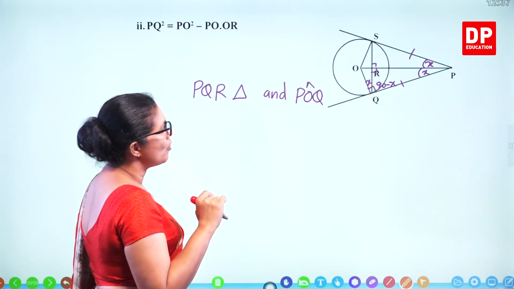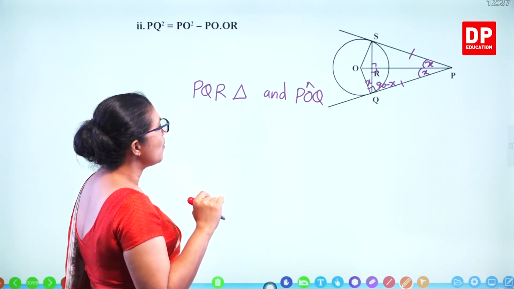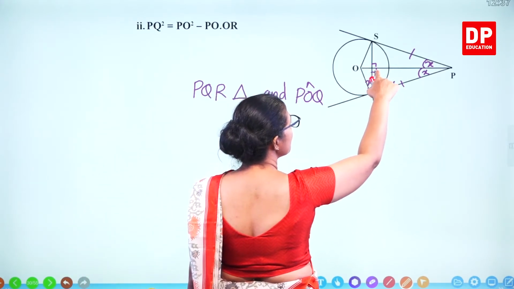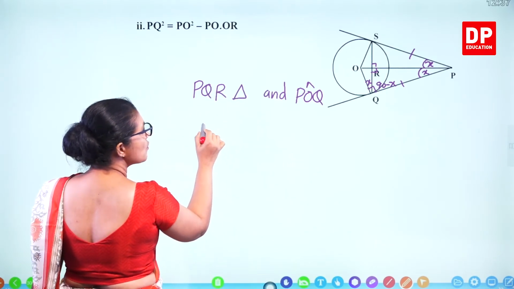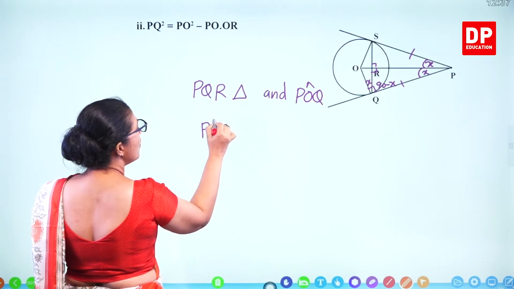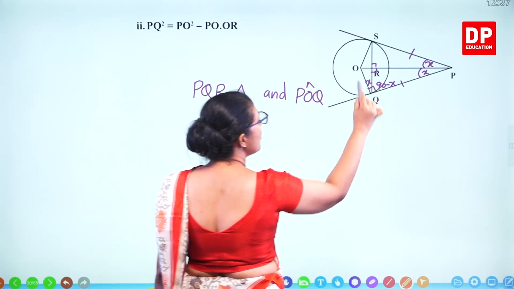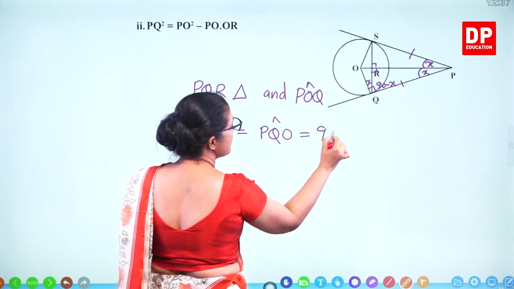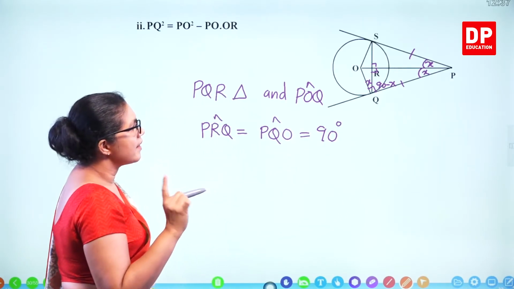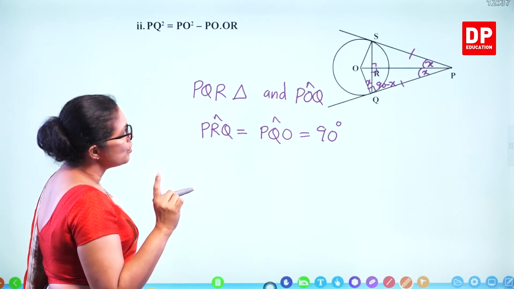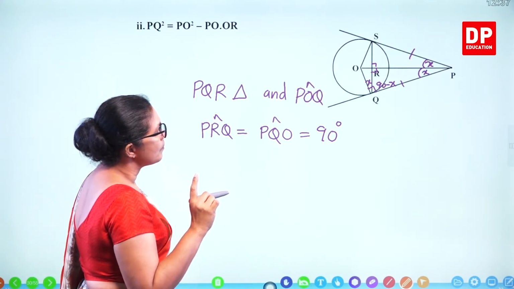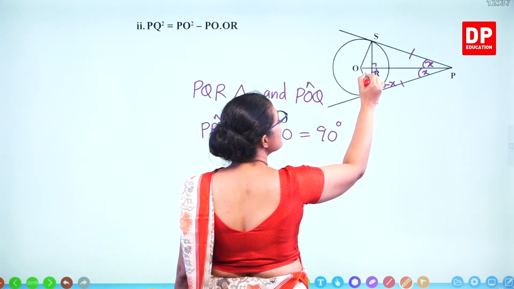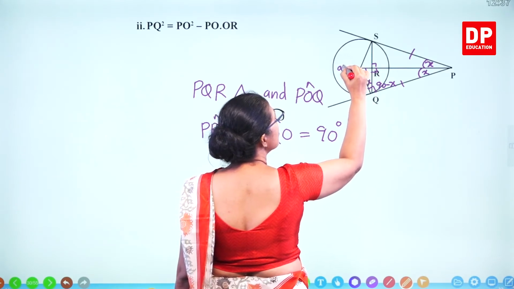So what can you say about these two, PQR triangle? R angle is 90, so PRQ angle, and this one OQP, PQO, 90 degrees. Q angle and R angle are equal. And this becomes 90 minus X. Can you see?